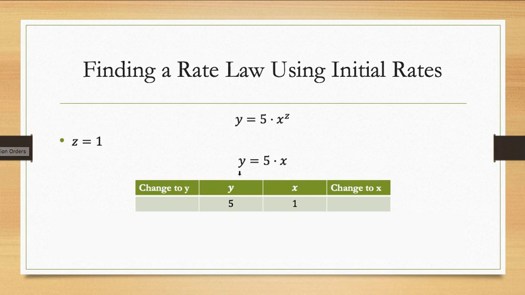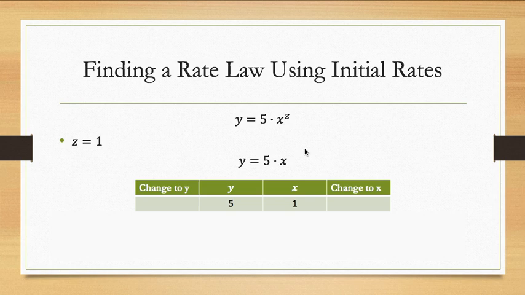Let's say we have the equation y equals 5x to some power z. Let's start off by assuming z is 1, so y equals 5 times x. When we figure out the rate law, we need to look at how a change to x affects the change to y.